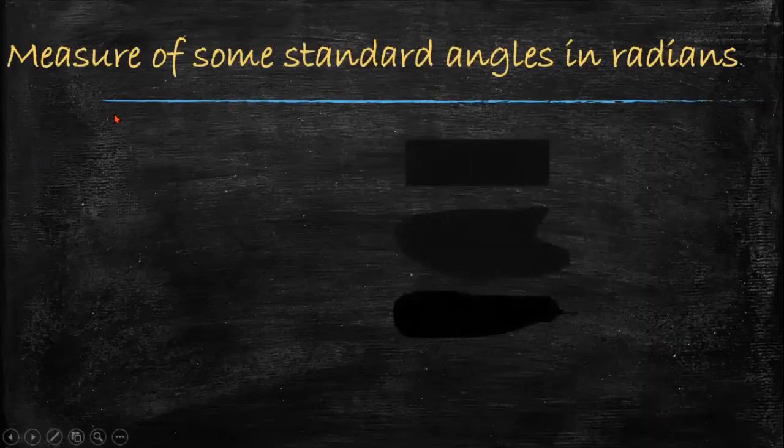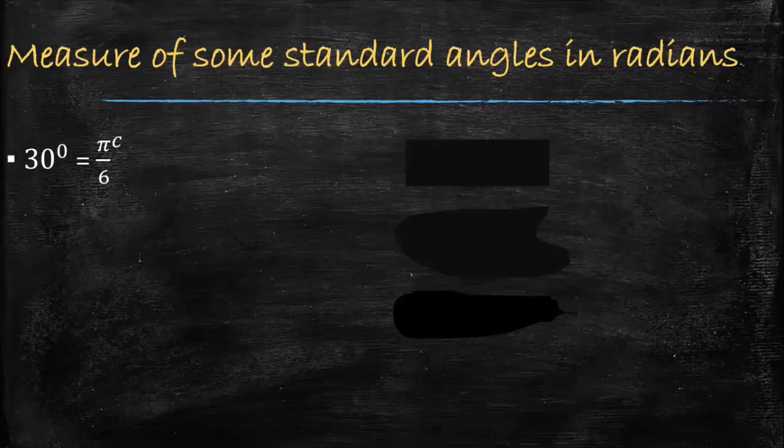Now, to work out the problems in trigonometry easily, we need to remember some standard angles in their radian measure also. I'll be showing you the measure of some standard angles in radians. The first one is this, 30 degrees. You'll have to remember this.